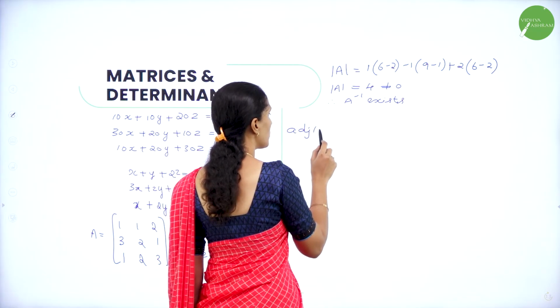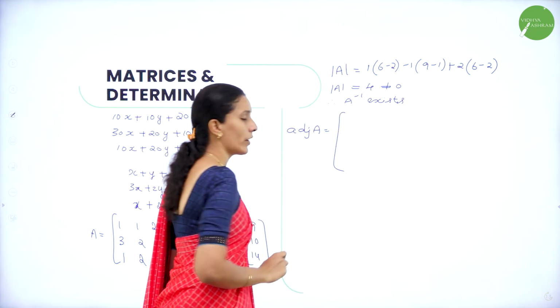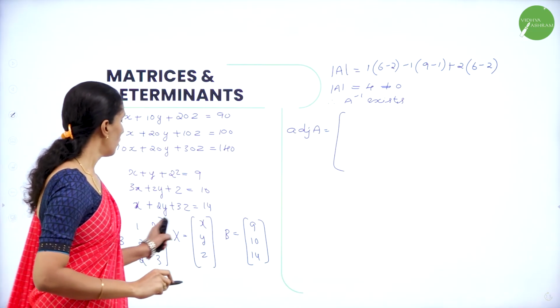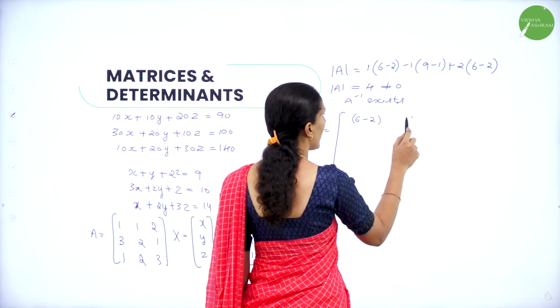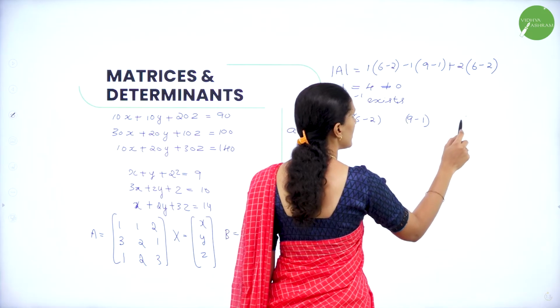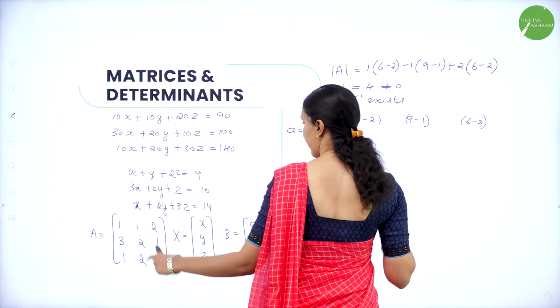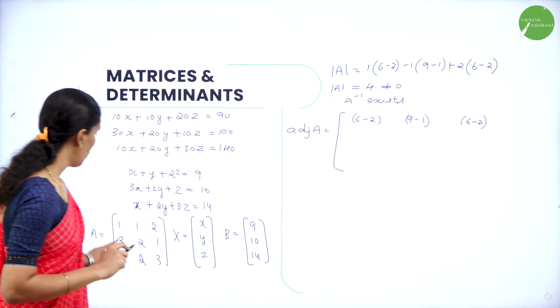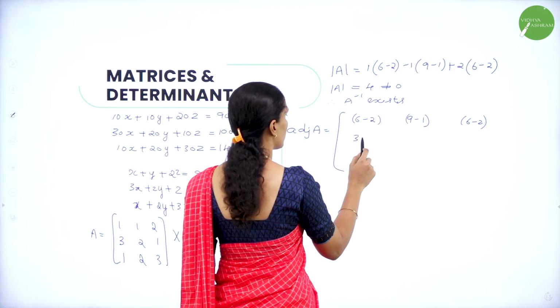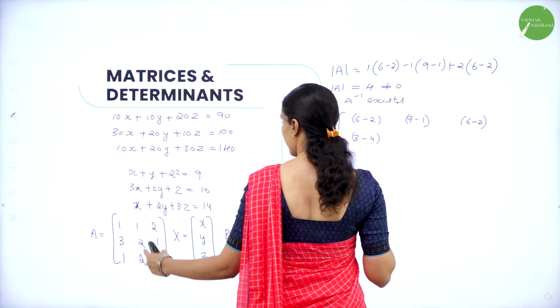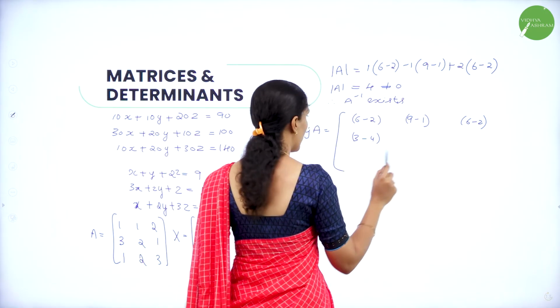So therefore, adjoint A is equal to, so write the cofactors of all. For the first three, we have here 6 minus 2, 9 minus 1 and 6 minus 2. Now, for 3, it is 3 minus 4. Next, for this 2, it is 3 minus 2.